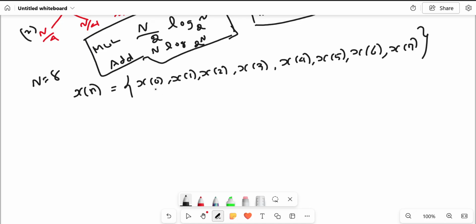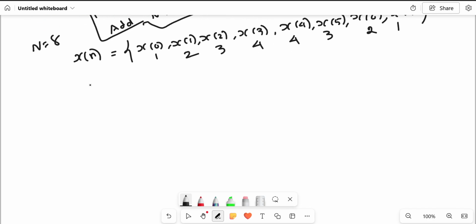The data may be 1, 2, 3, 4, 4, 3, 2, 1, for example. Okay. So this sequence, first as per the derivation, the n samples are given to even and odd functions. So x of 0 and x of 2 with respect to the position, x of 4 and x of 6.